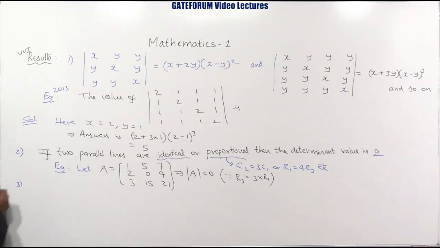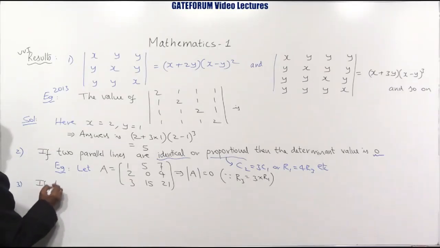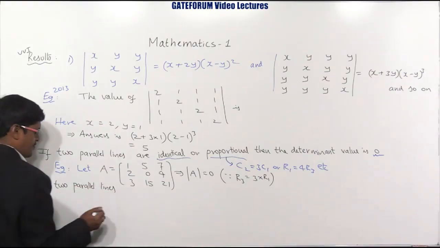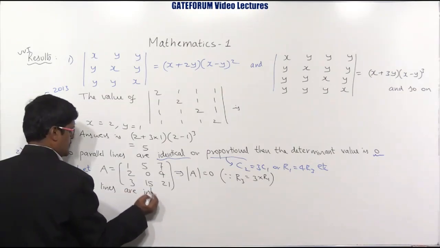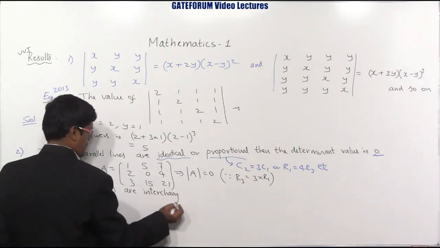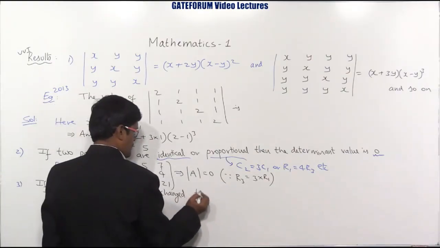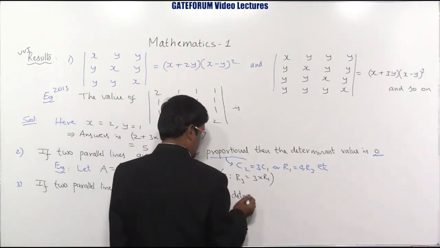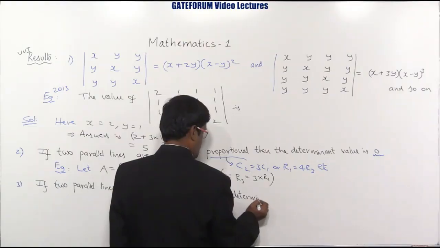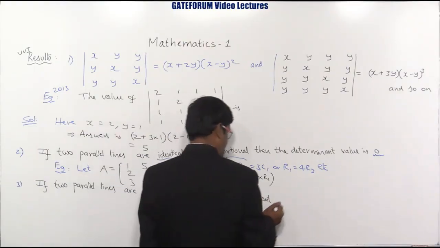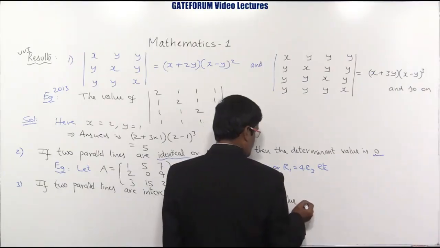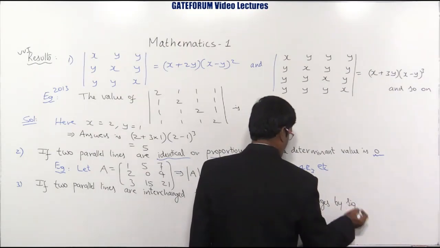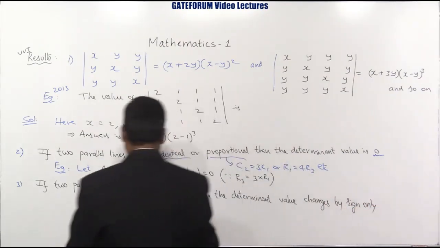Number 3. If two parallel lines are interchanged, then the determinant value changes by sign only.